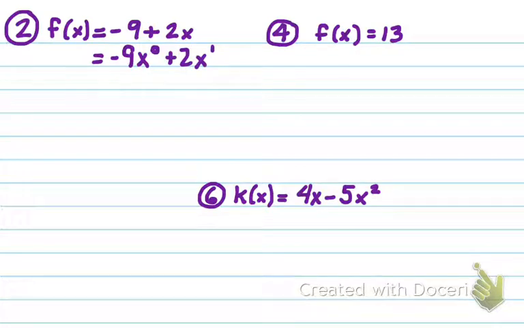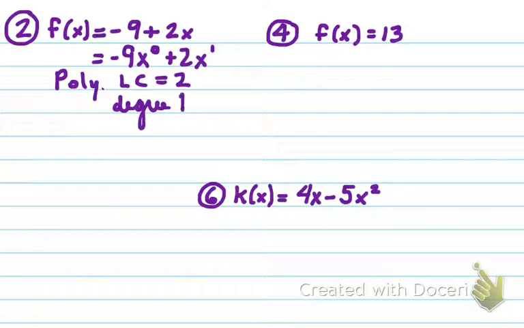So those both have non-negative integer exponents, and so this is a polynomial, and its leading coefficient is 2, and degree is 1. Because remember, degree is just the largest exponent, and the leading coefficient is the coefficient of that term.